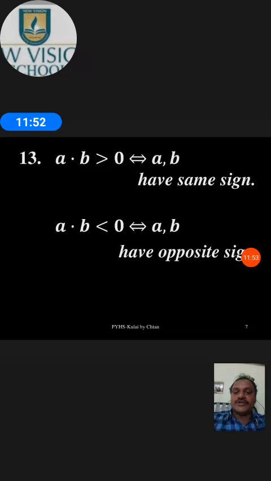Very, very important. When A into B, the product, is less than 0, that means negative, A and B have opposite signs. We already discussed this in our previous classes. That is very much obvious. When A is plus 5 and B is minus 2, A into B is minus 10, that is less than 0. In this way, we can understand this particular property of inequality.